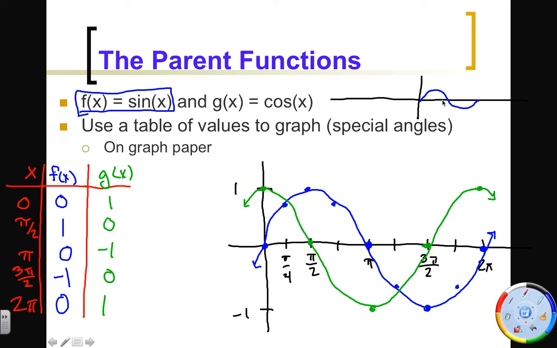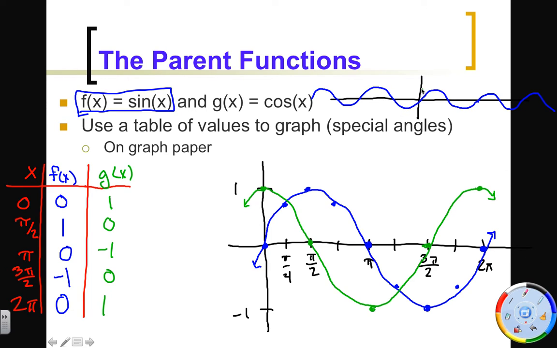This pattern continues forever in both directions. All the heights of these bubbles are the same, and all the depths of these valleys are the same as well. And we look at cosine.